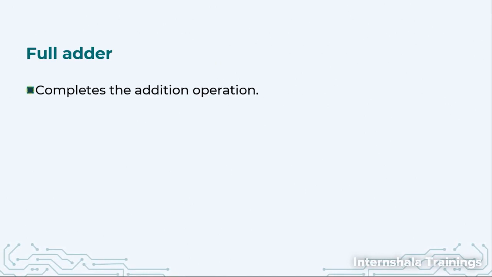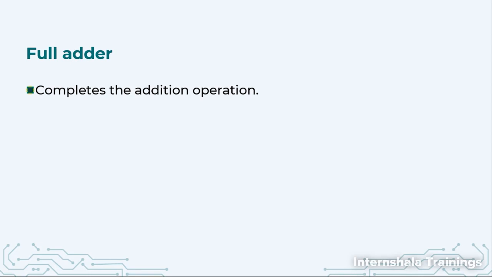So full adder is different from half adder, and how? Let us first discuss that. We are saying that the completeness of the addition operation is done using a full adder. In the half adder, we were adding two numbers A and B. We were generating one bit of sum and one bit of carry. Where does that carry go?